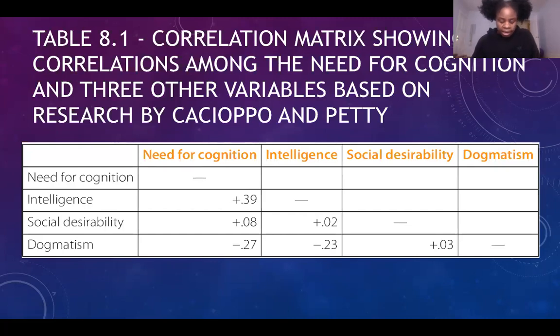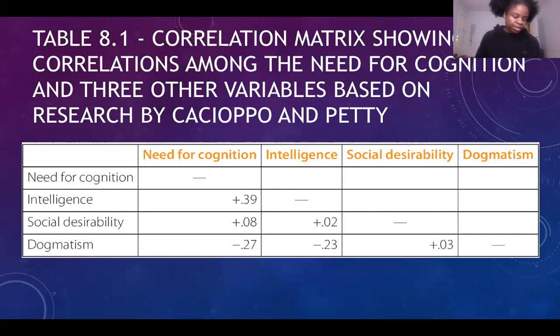This is a correlational matrix showing correlations amongst the need for cognition and 3 other variables based on research by Cacioppo and Petty. You can find this specific table on page 149 in your textbook.